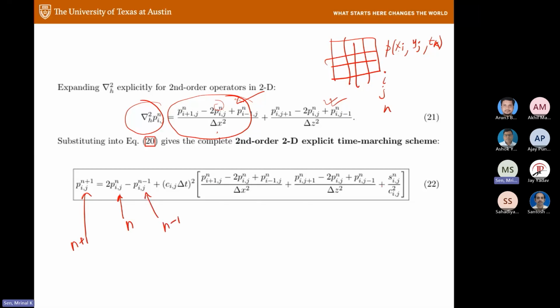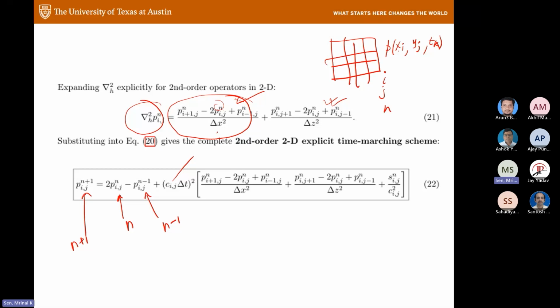And this I already explained to you, and this is your velocity and other things. Cij is your slowness in this case, and ij, basically I and j indices for x and y. So the velocity is also defined at these grid locations, and it's independent of time. Okay. So this is actually the equation that we have after finite differencing of the standard constant density acoustic wave equation.